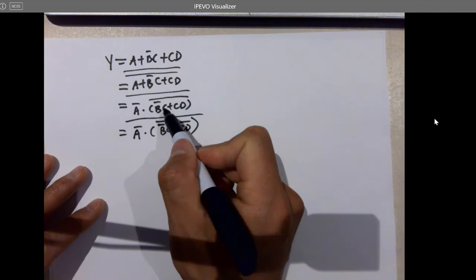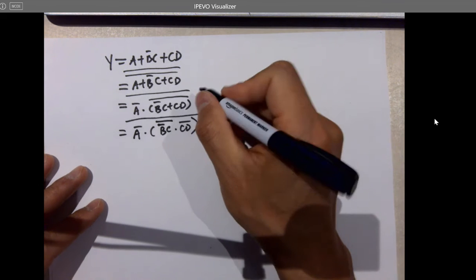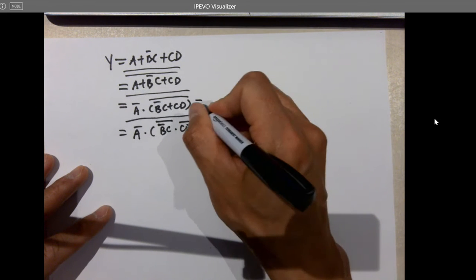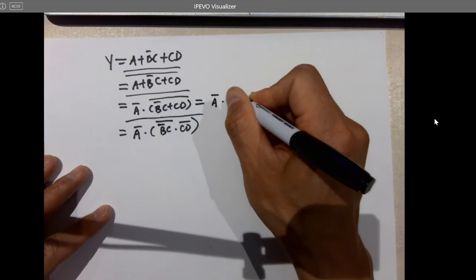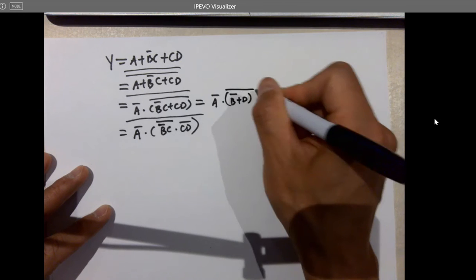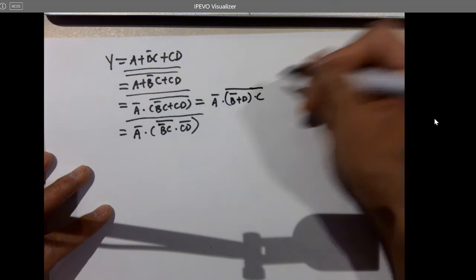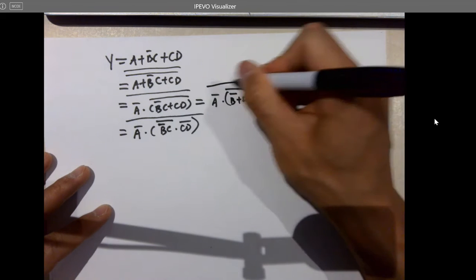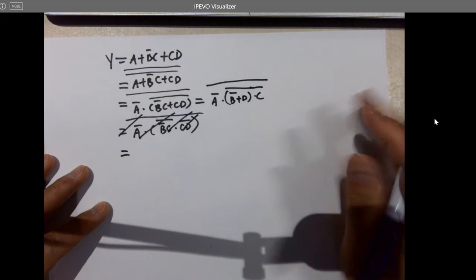I should actually take C out first at the very beginning. That'll make things easier, I think. Let's cover C. So not going to use this one anymore.